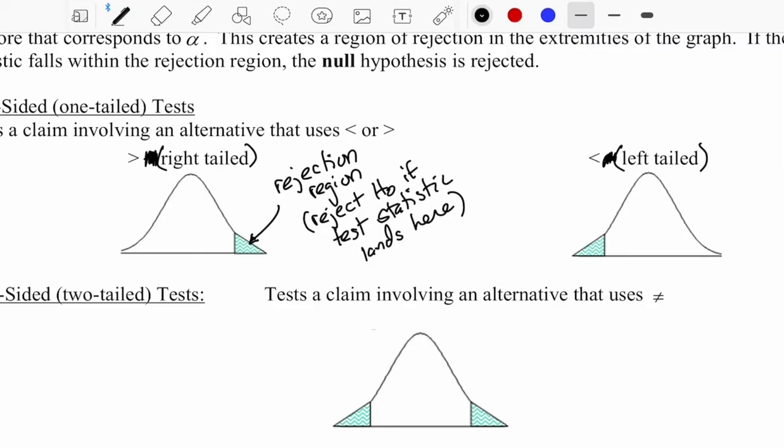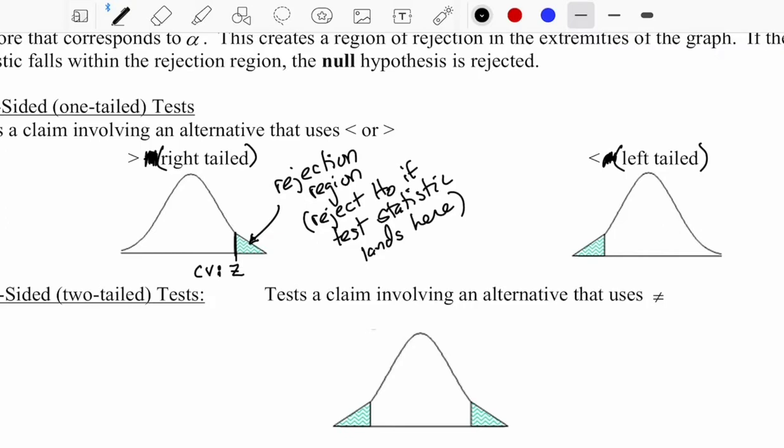Now I haven't shown you how to compute a test statistic, so it's like, okay, it's some kind of number. So what we'll have is a critical value, abbreviated CV, surprisingly. I'll put it in terms of Z for now. So we'll have a critical Z value that represents the cutoff between the region of the graph that doesn't correspond with the rejection of the null hypothesis and the region of the graph that does.